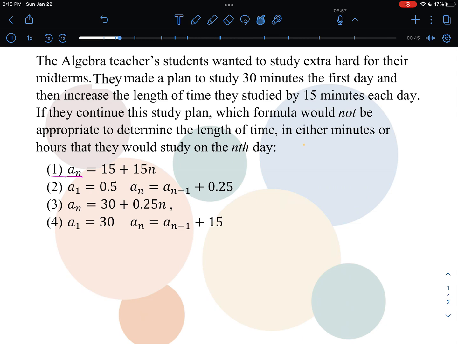The first thing is that clearly on day 1, they're studying 30 minutes. Another way to say that could be a half an hour.